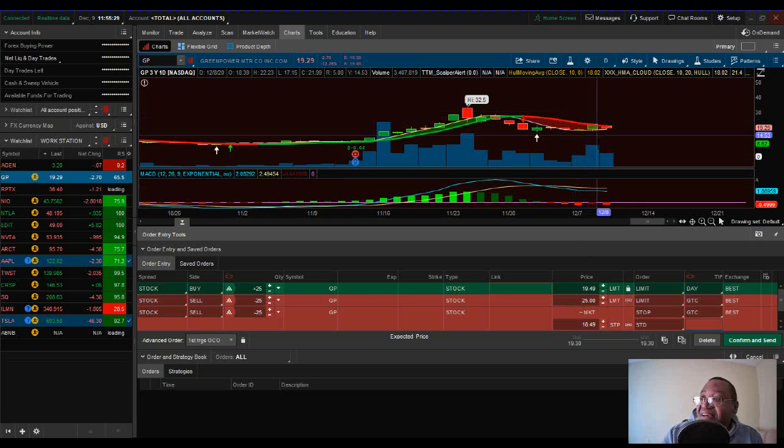I love looking at the daily chart, because it's giving me a good idea of what's happening from day to day. And this stock right here was just perfect to jump in on.